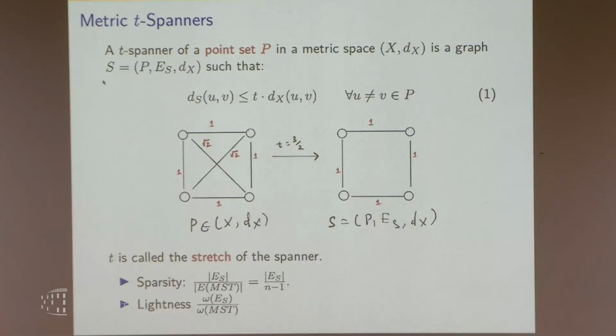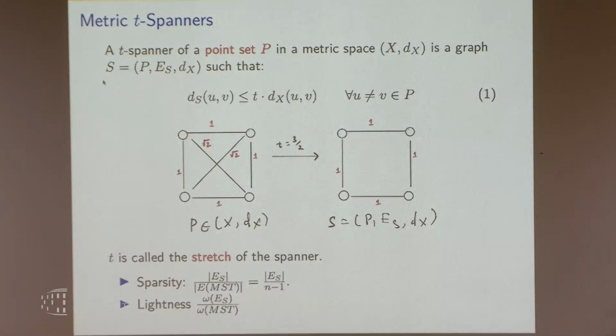The first is that the spanner has to be sparse. Suppose you fix the stretch, let's say 2 or maybe 3.5 here, and then you want a sparse spanner. This is measured by sparsity, which is the number of edges of the spanner over the number of points, or the number of edges of any spanning tree. The reason I put MST is because of lightness. Sometimes you want the spanner to have a small total edge weight, and the smallest you could get is a minimum spanning tree, because at least you have to connect everything together.